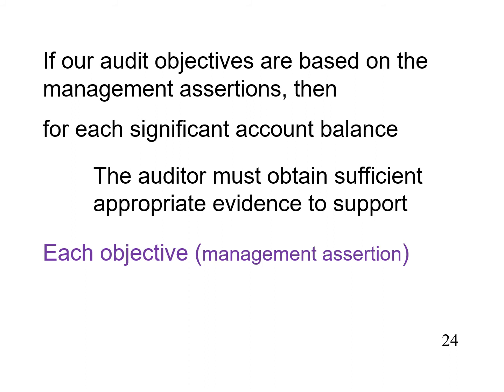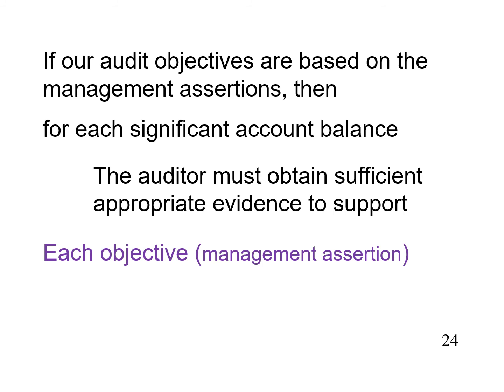Again, if audit objectives are based on management assertions, then for each significant account balance, we must obtain sufficient appropriate evidence to support that objective. So if there's 7 significant account balances and 6 assertions, then we'd have to satisfy 42 objectives.